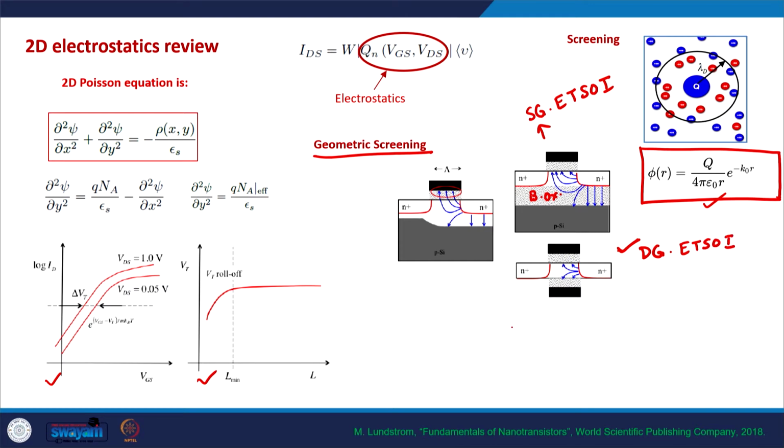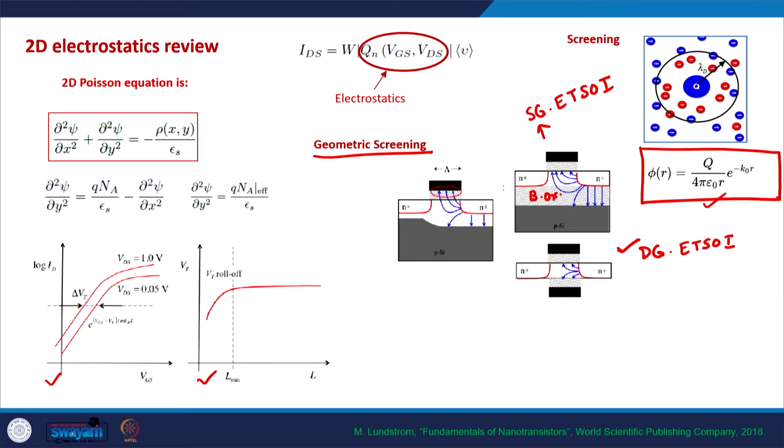So generally in ETSOI techniques, in SOI techniques, there are two broad categorizations. One is the PDSOI technique, partially depleted silicon on insulator, and second is the FDSOI technique, which is fully depleted silicon on insulator.